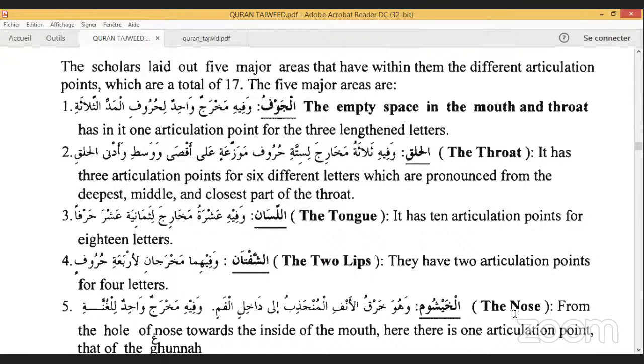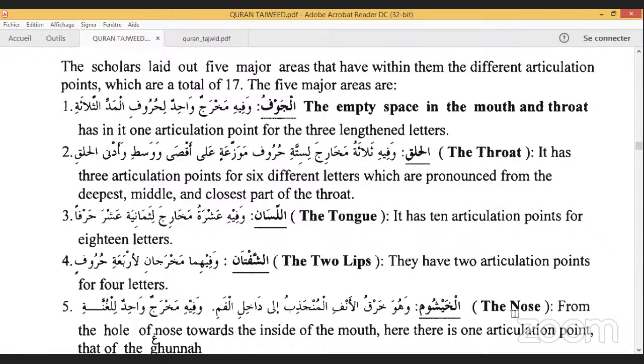Number 2 is the throat, which is الحلق. So we have the empty space in the mouth and throat, which we call the jawf, and we have the throat, which we call الحلق. It has the articulation points for 6 different letters, which are pronounced from the deepest, middle, and closest part of the throat.